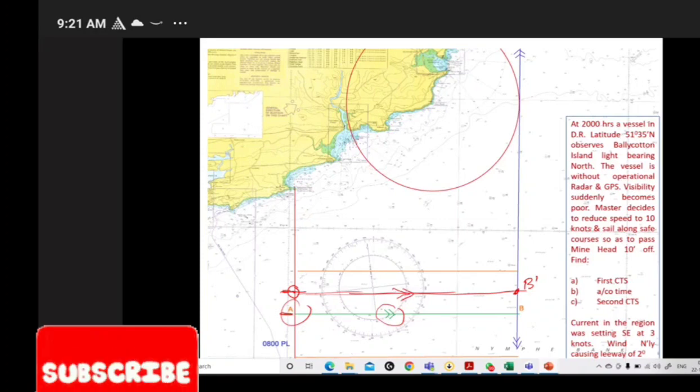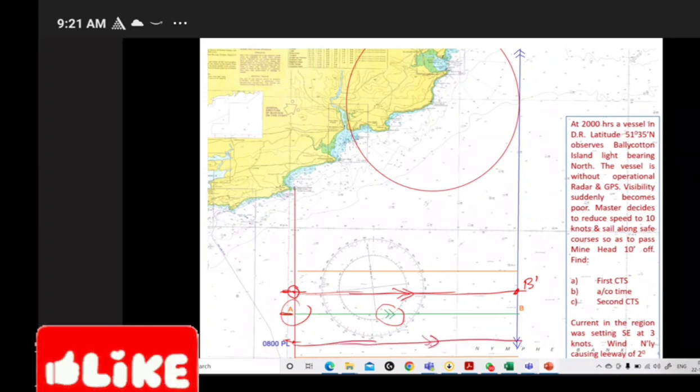Suppose my actual DR was found to be here, then the ship would be here when she started off. Again, she'll traverse the same distance, and after the same time she will join this transferred PL, but now it will join at point C. Yes or no?